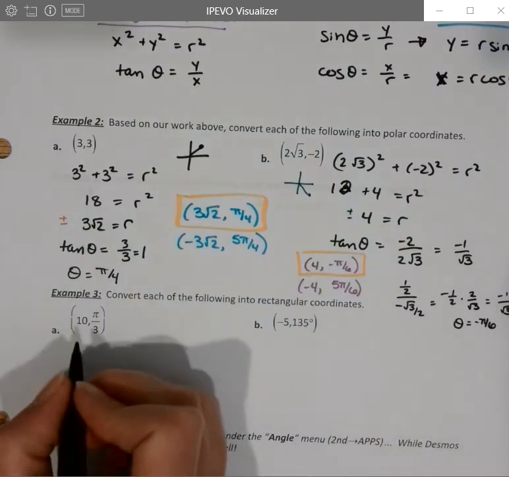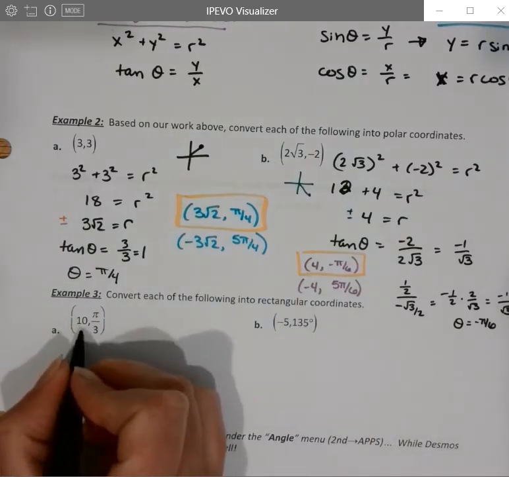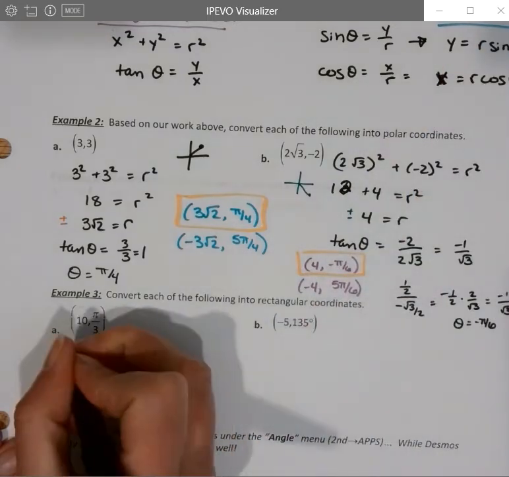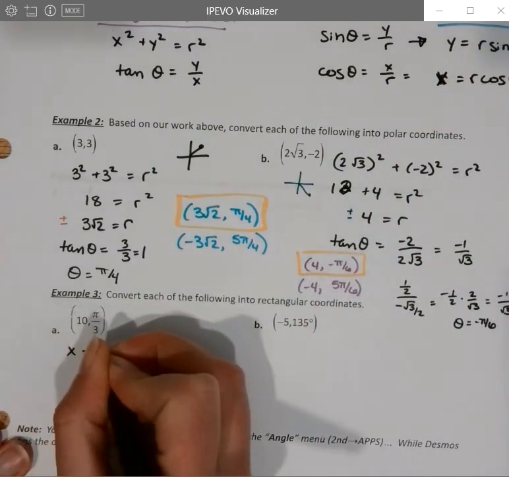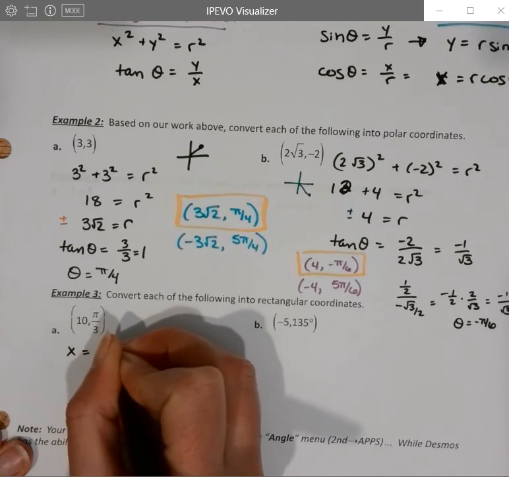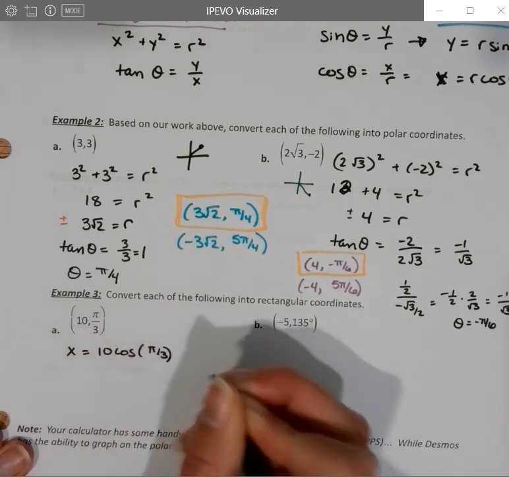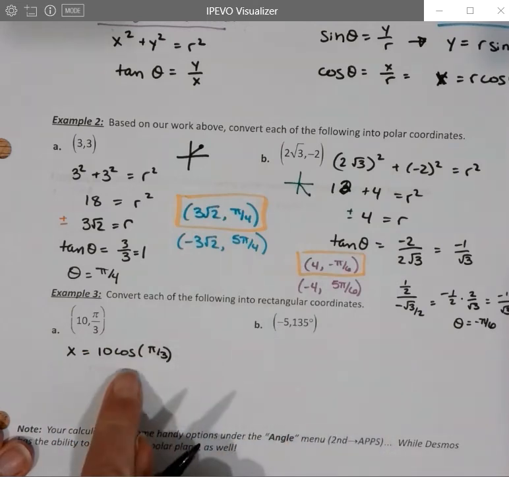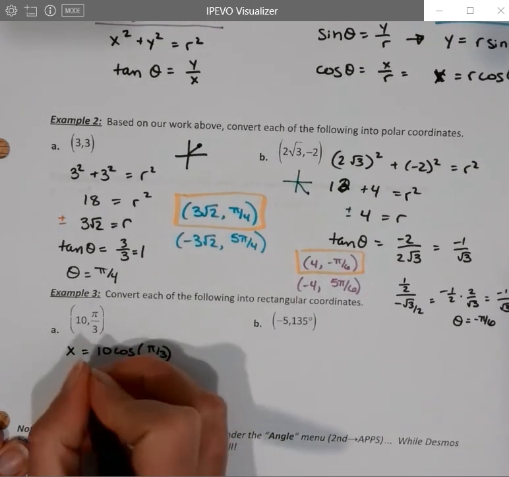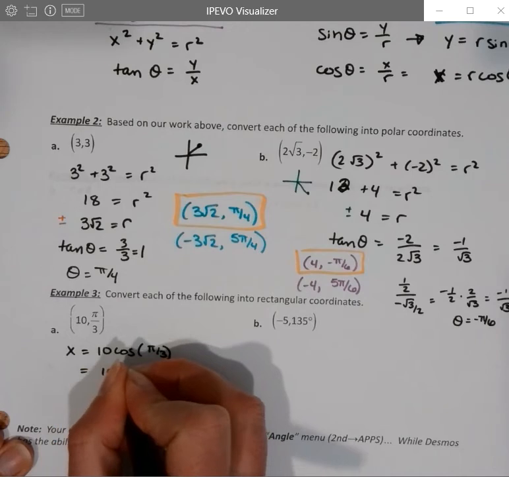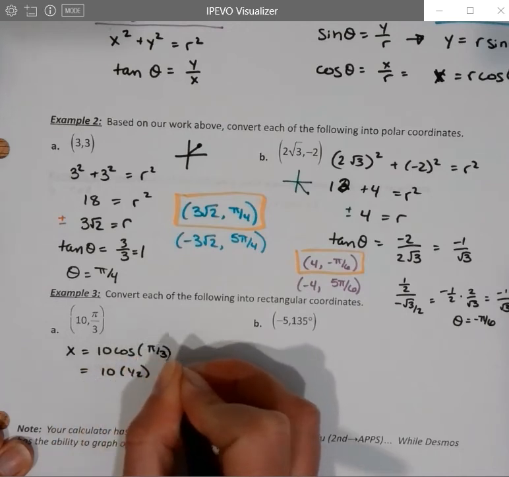So we have some r value and some theta value. If we do x first, the x coordinate is going to be r, 10, times the cosine of pi thirds. I know the cosine of pi thirds is 1/2 on the unit circle, so that's 10 times 1/2, or 5.